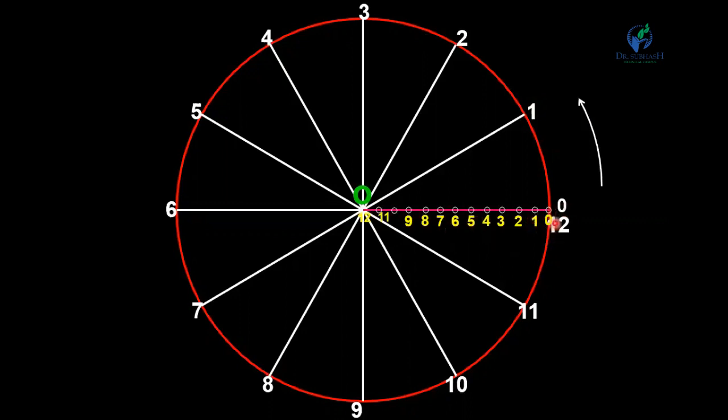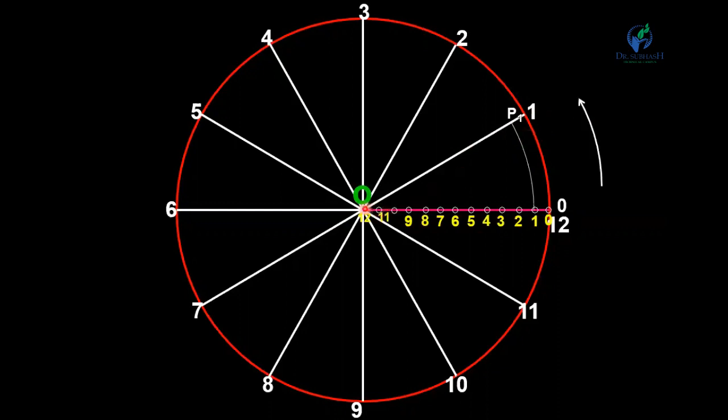Now, if this point moves 1/12 of the revolution, it will be on this line. For that, take O as a center and radius equal to O1 and draw an arc up to the line O1. The intersection point is P1.